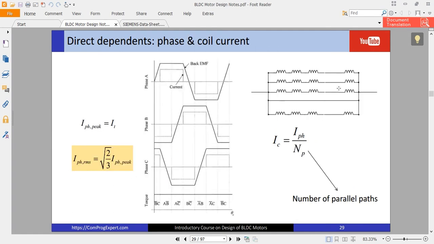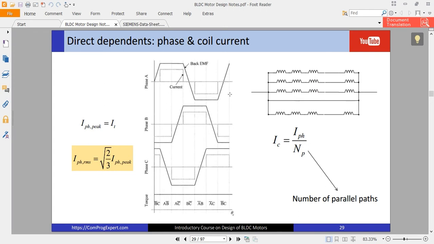In ideal case, as you know, these are the back EMFs of each phase and phase currents in ideal case. Okay, if we have ideal trapezoidal back EMFs and rectangular currents, we can generate a constant torque.